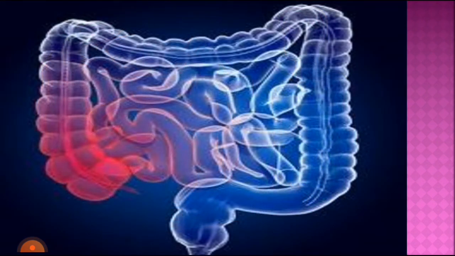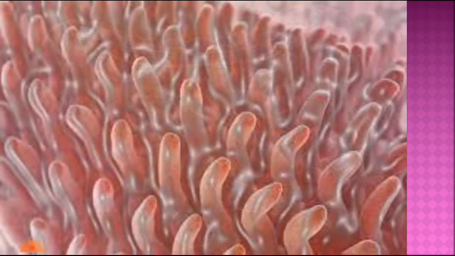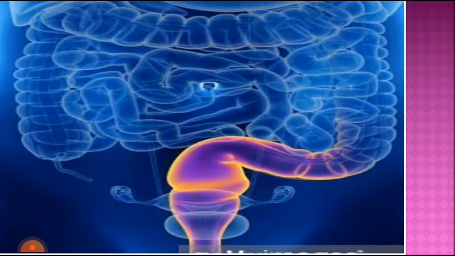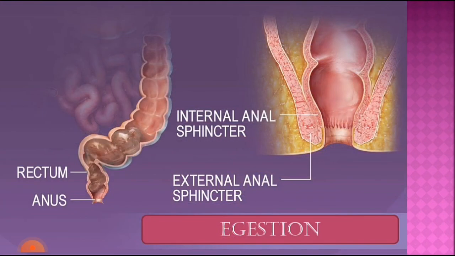The inner lining of colon has villi that absorb water from solid waste. This solid material is then collected in the lower part of the large intestine called rectum.